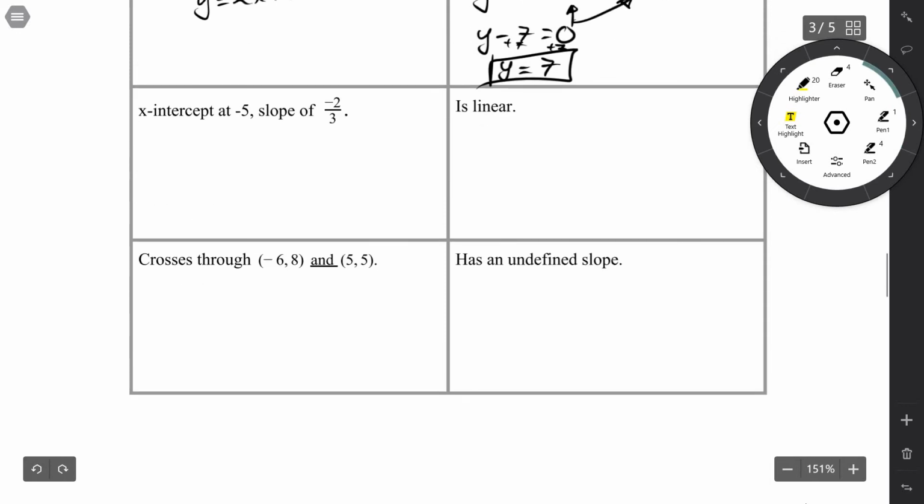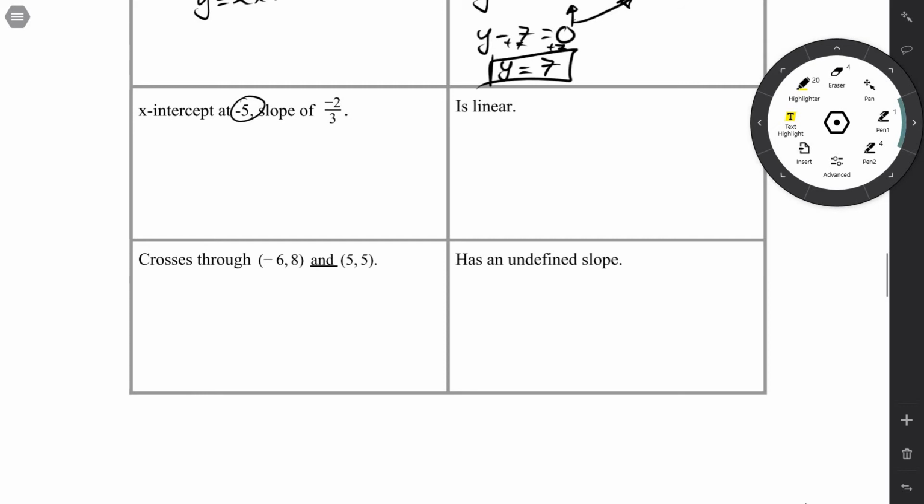Let's see, x-intercept at negative 5, slope of negative 2/3. Be careful with this one. X-intercept can be kind of a little tricky. You can't put that into point slope form as easily. So I'm just going to figure out what the x-intercept actually is as far as a point, and then use point slope form.